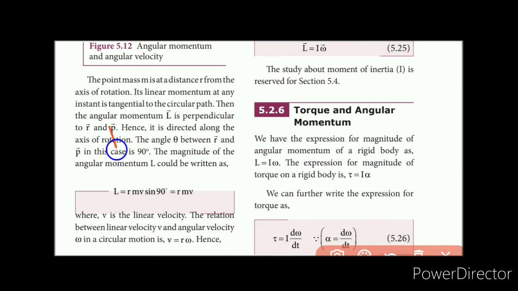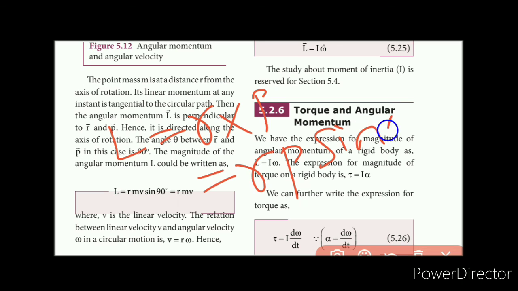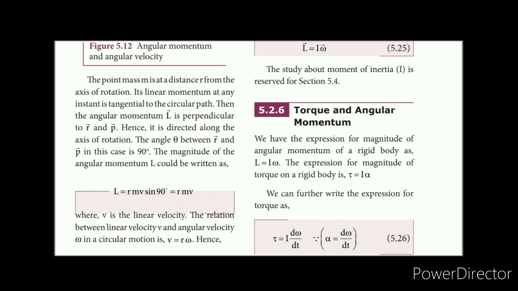Angular momentum L equals r cross p, or r p sin theta. Now theta equals 90 degrees, and p equals m v. So L equals r m v sin 90, which is 1, so L equals r m v.